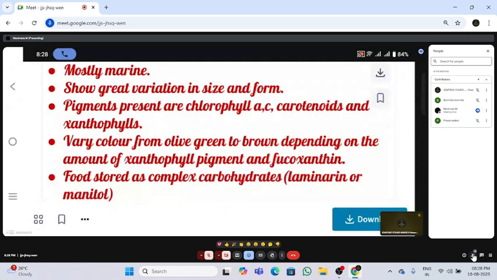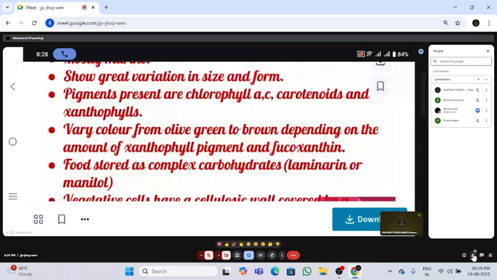Okay, the colour varies from olive green to brown depending on the amount of xanthophyll pigment and fucoxanthin present. We have chlorophyll a and c, carotenoids and xanthophylls. These are the pigments present.